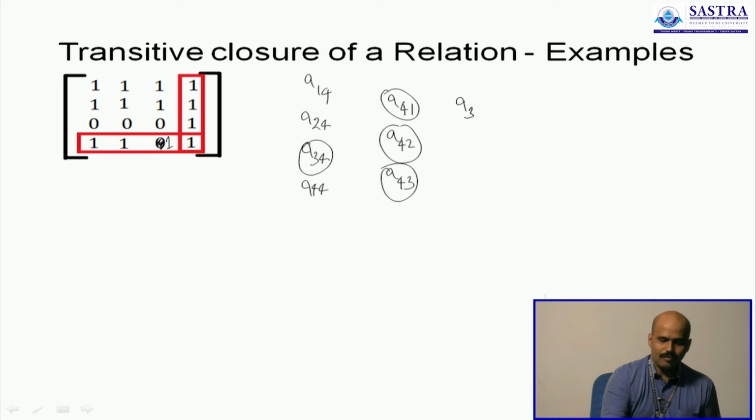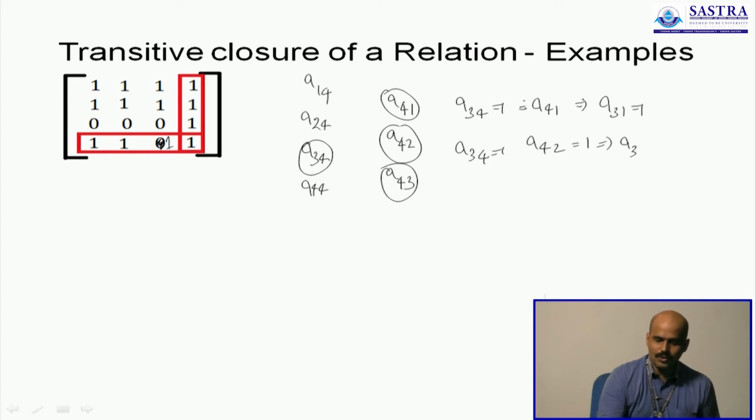Now A34 is a 1 and A41 is a 1, therefore A31 is a 1. A34 is a 1 and A42 is a 1, therefore A32 is also a 1. The same happens with 34 and 43, therefore A33 is also a 1.